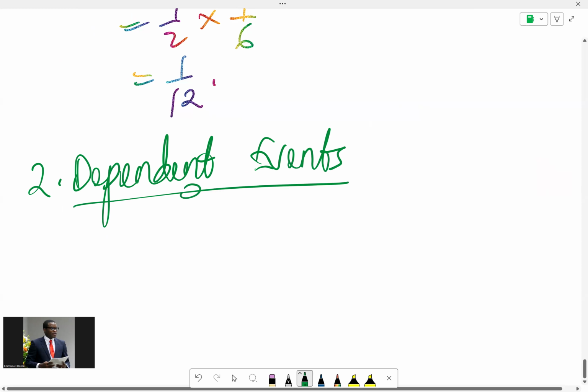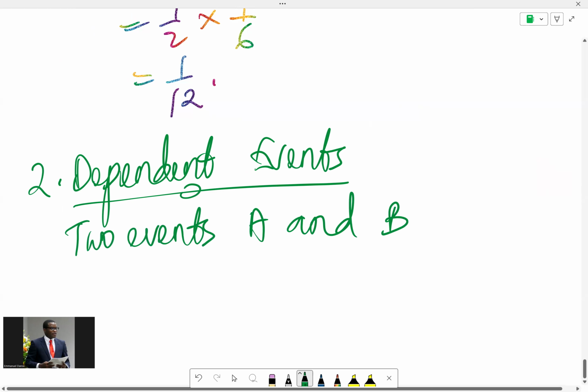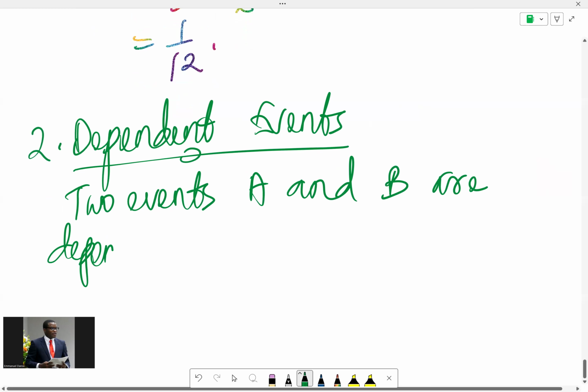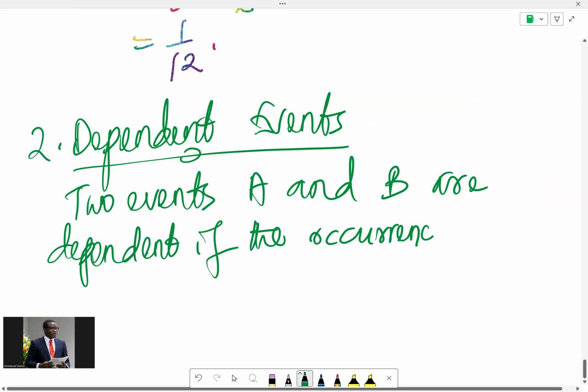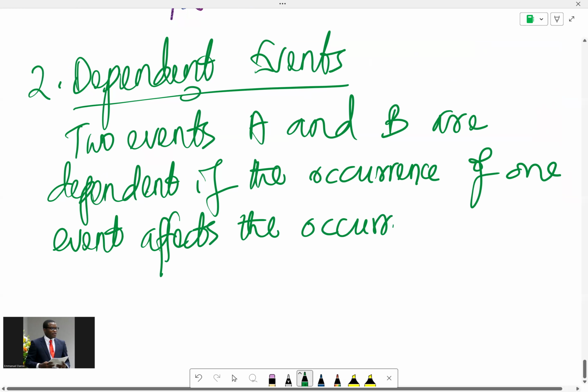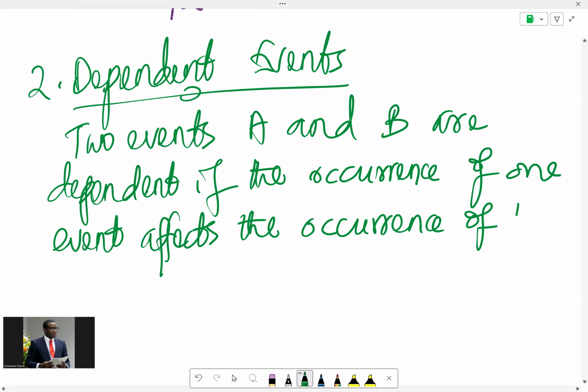Two events, A and B, are dependent if the occurrence of one event affects the occurrence of the other.